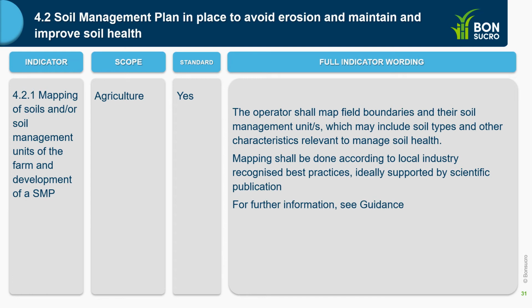So the operator shall have a map of field boundaries and their soil management units that can include, of course, the soil types and other characteristics relevant to manage the soil health. That needs to be done according to local industry-recognized best practices and, of course, ideally supported by scientific publications.